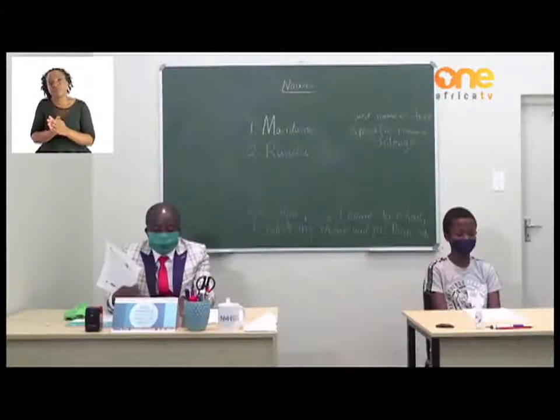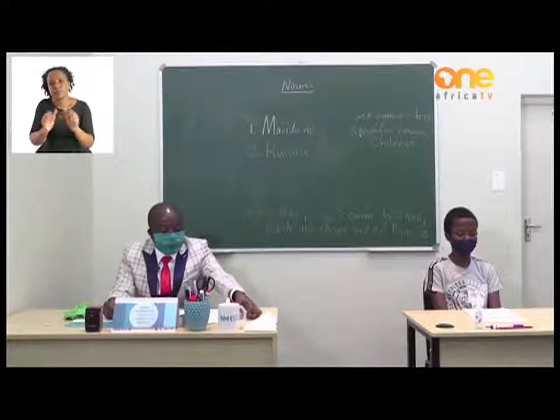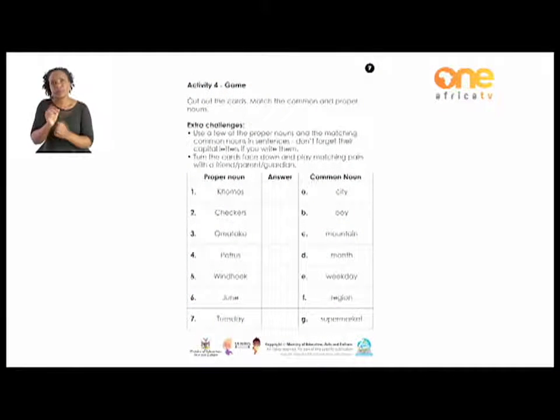Now we move on to page 7, where we have our activity number 4. It says, cut out the cards, match the common and proper nouns. Extra challenges to note: use a few of the proper nouns and the matching common nouns in sentences.